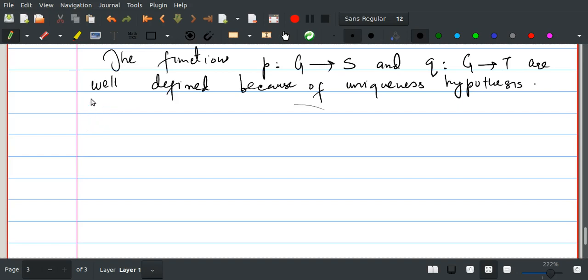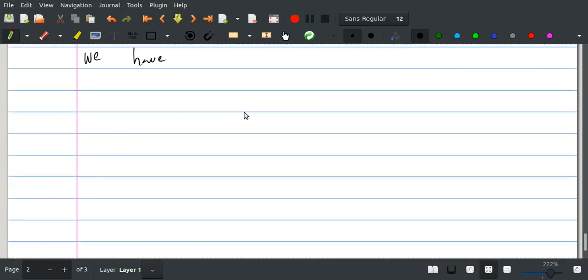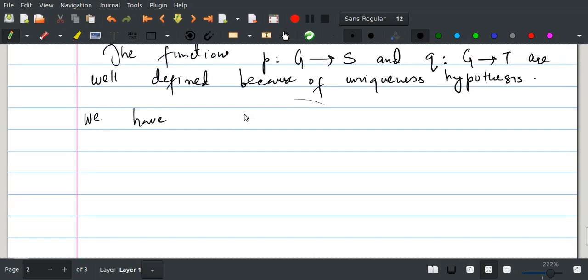Now what we have to prove first is P composite with I is the identity on S. Sorry, this is capital S here. See, this I is actually the inclusion map.